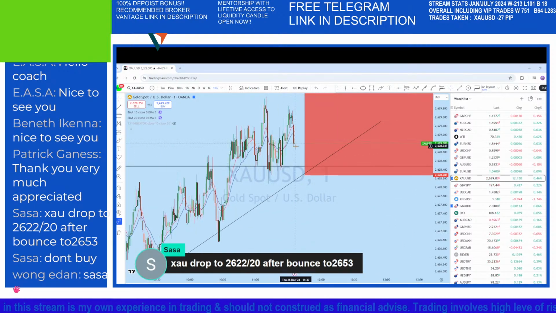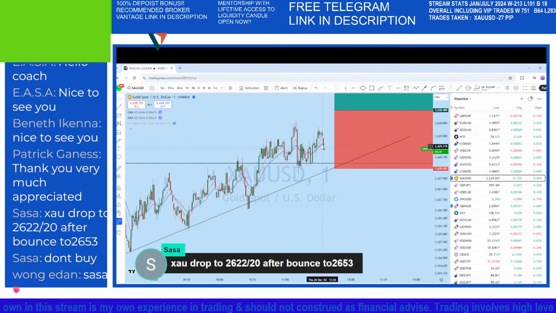So you can see there is a gap open, expecting it to come back down to the support level.